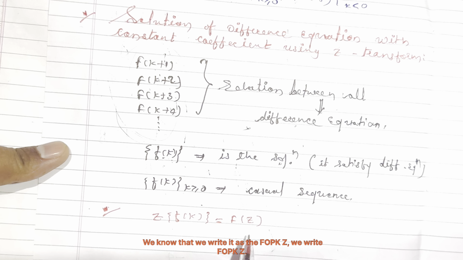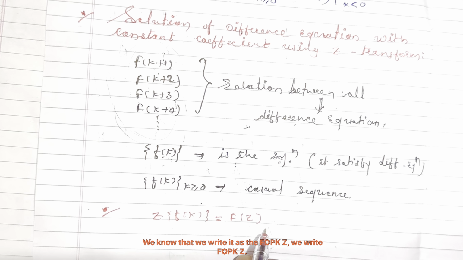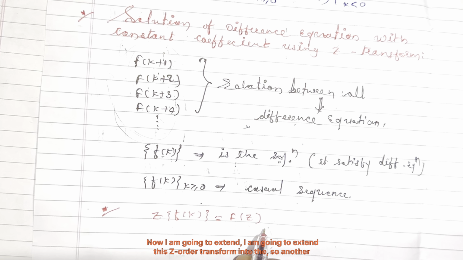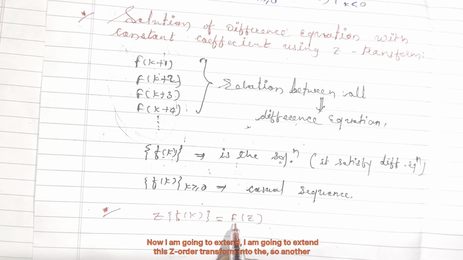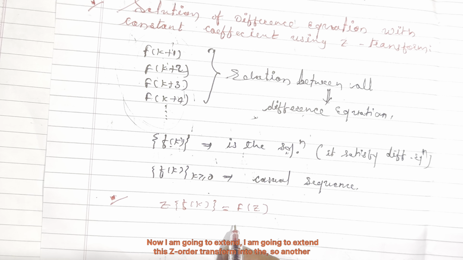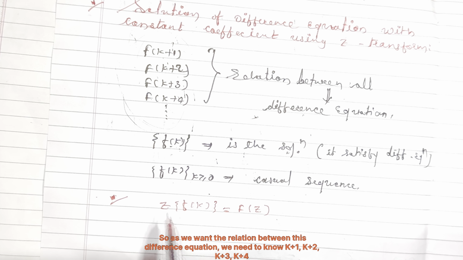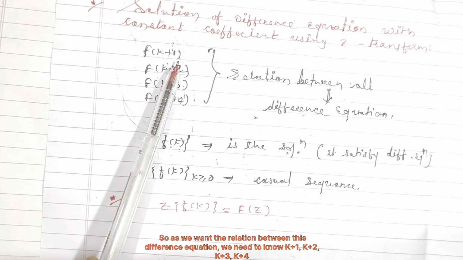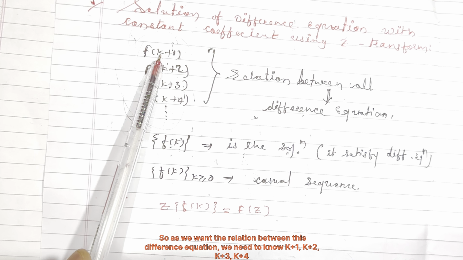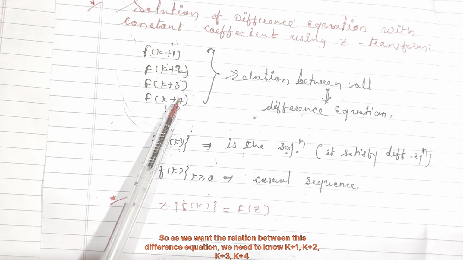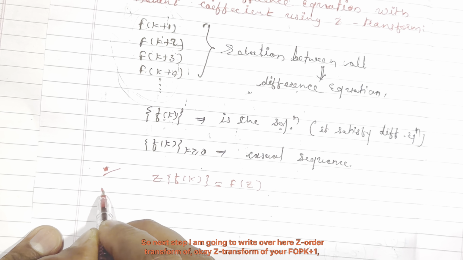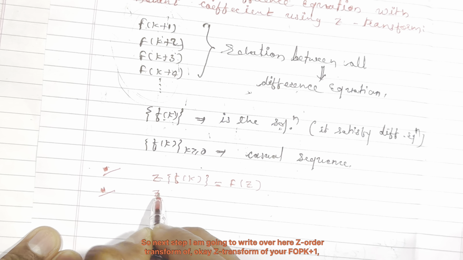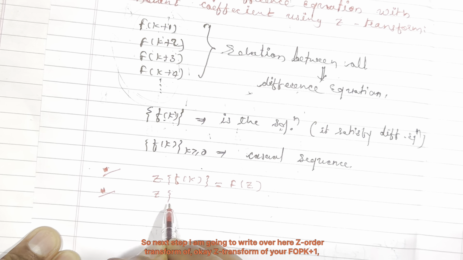Now I'm going to extend this Z transform into some other terms. As we want the relation in this difference equation, we need to know k plus 1, k plus 2, k plus 3, k plus 4 and so on. So the next step is the Z transform of f of k plus 1.